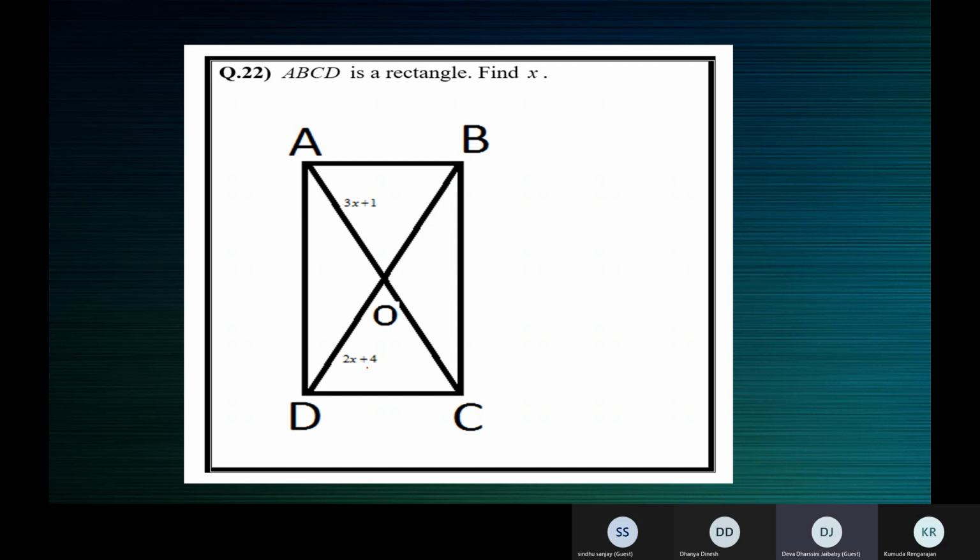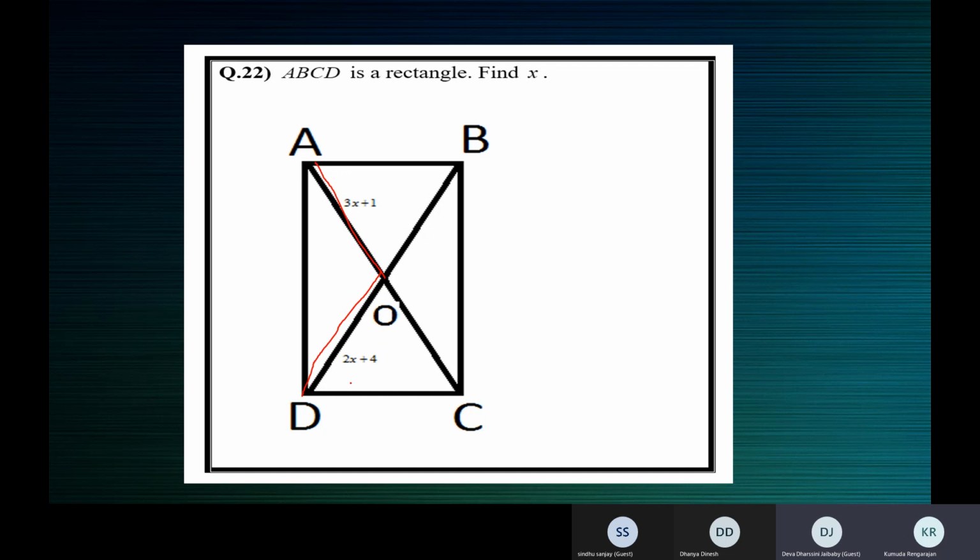Ma'am, I need what you said after OD. No, OA is equal to 3x plus 1. After that, what did you say, ma'am? No, we are still finding the value of x.